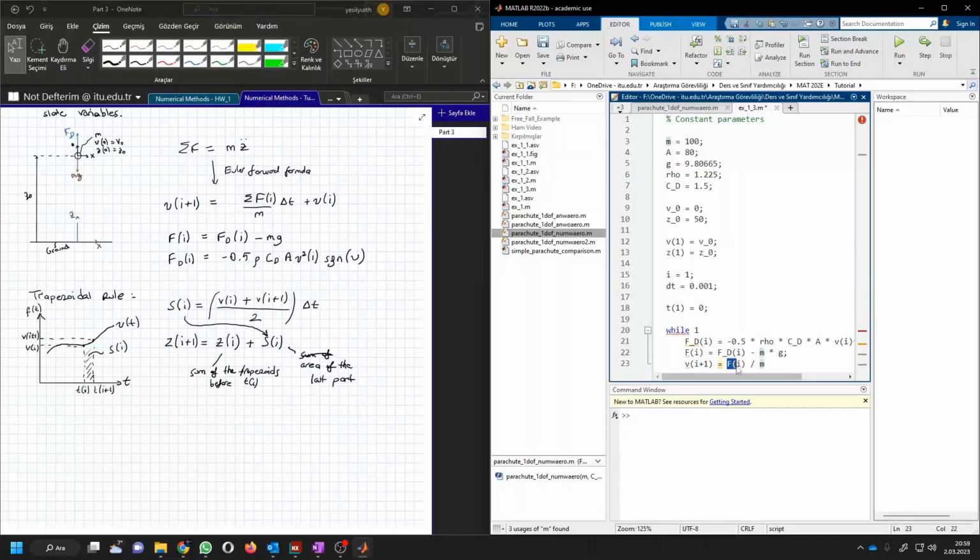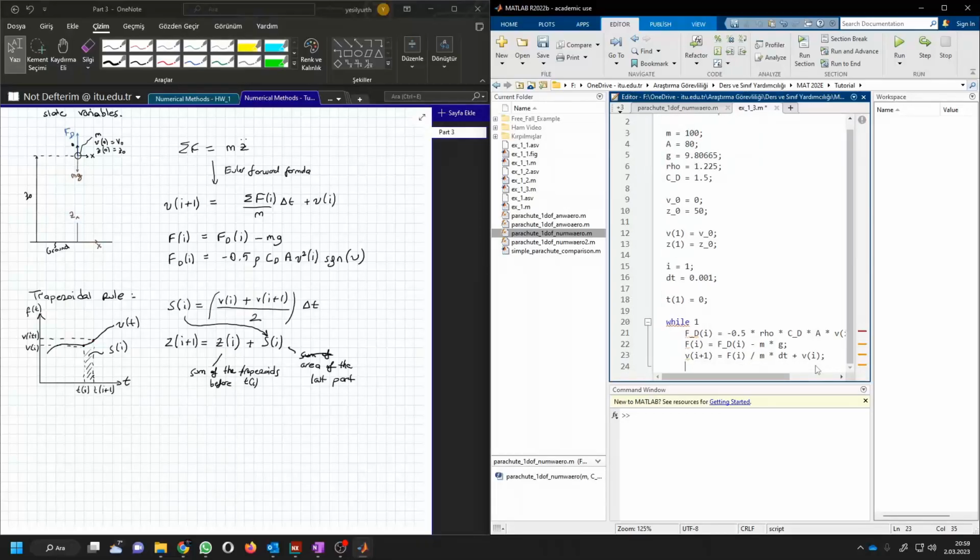This Fi is the sum of all forces. Do not get confused with this sum operator here. Fi over m times dt plus the previous value of my state variable, velocity. Okay. Now I can implement a trapezoidal rule to calculate my position.